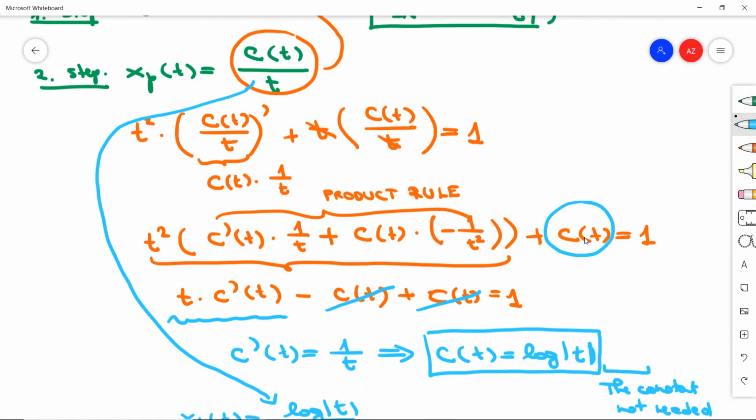This was the linear part, this was f of t times x. And the second summand in the derivative of the particular solution was exactly canceled with this linear part. And we will see that this is indeed always true.